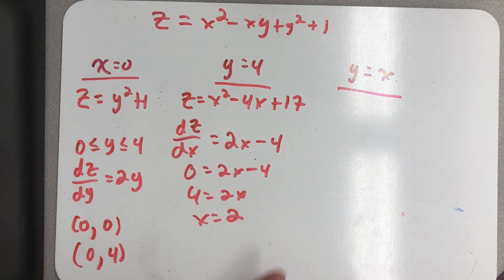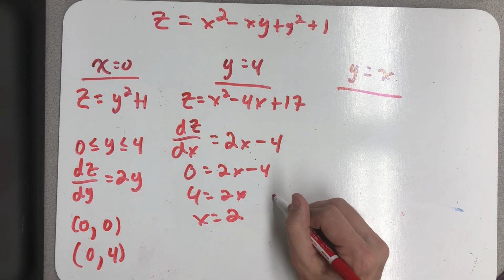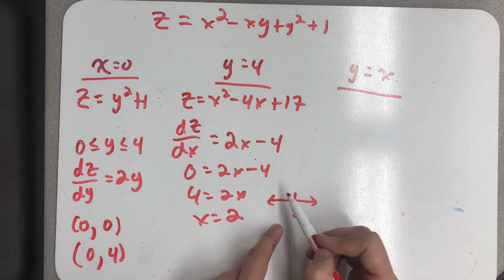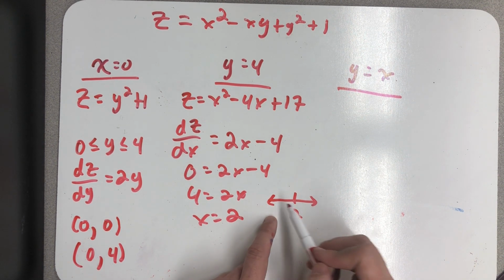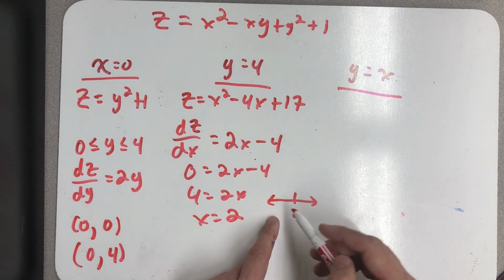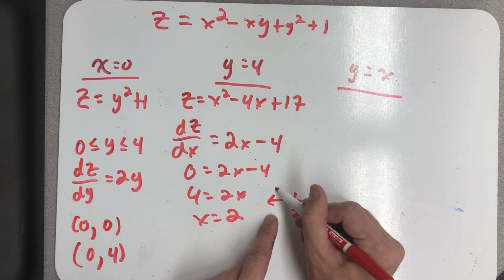Because this is a parabola, I know it's a min, but I could actually think of the first derivative test from Calc 1, where I put that 2 on a number line, and I ask myself, well, is the derivative positive or negative over here? Well, if I plug in a value over here, like a 1, I get 2 minus 4, which is a minus 2.